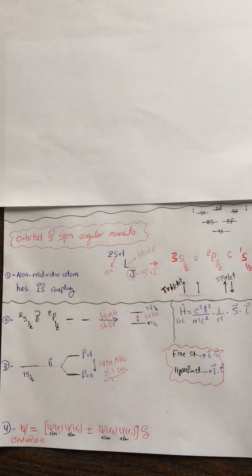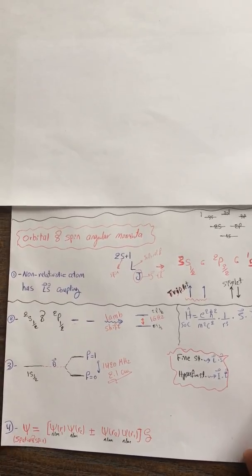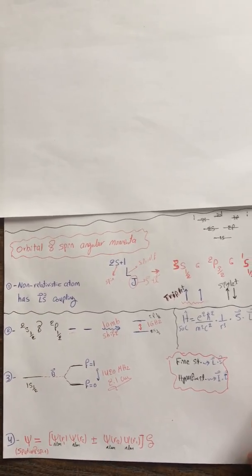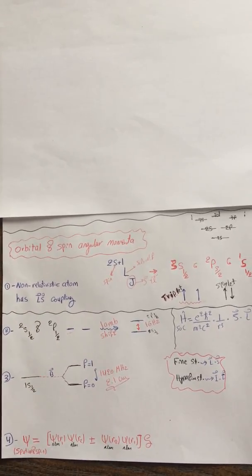The last point is that now we don't have only the spatial part of the wave function, but we have also the spin part of the wave function. So you have the spatial part here, and you have the spin part, which is labeled by S here. So, for example, if you have a symmetric spatial wave function, we have an antisymmetric spin wave function. If you have a symmetric spin wave function, we have an antisymmetric spatial wave function.